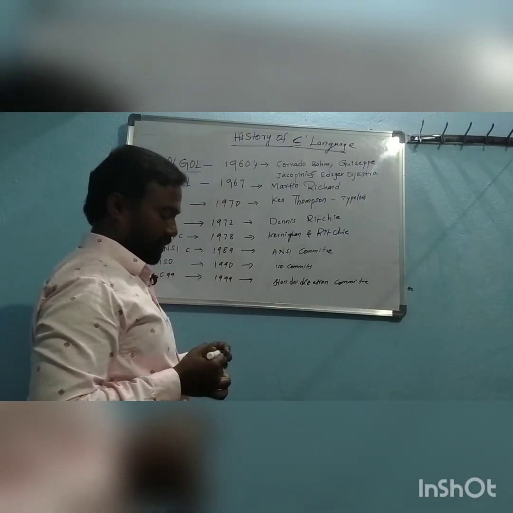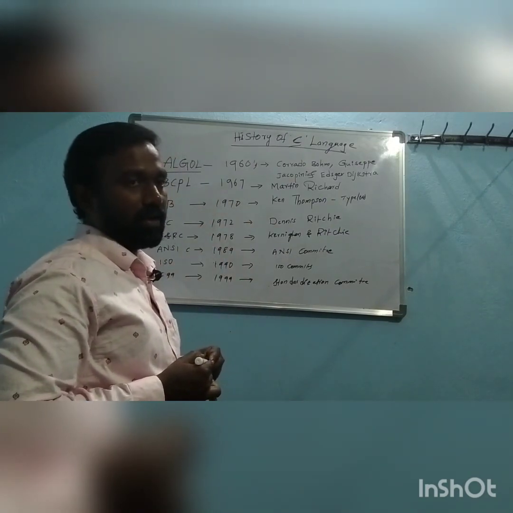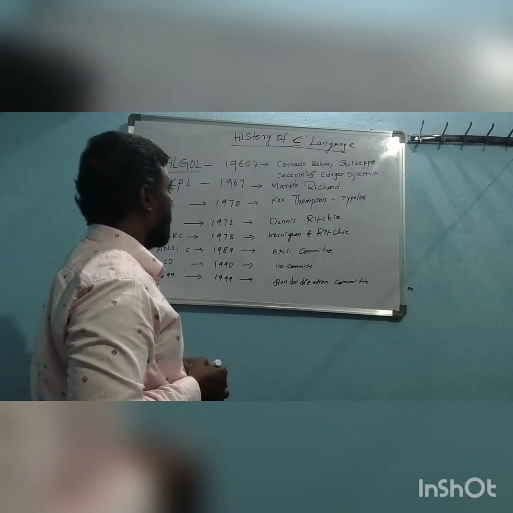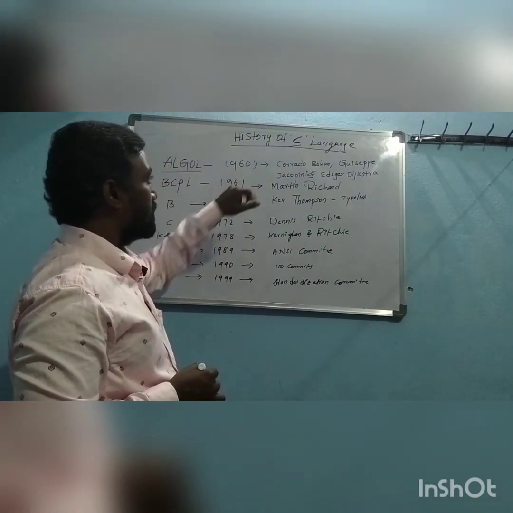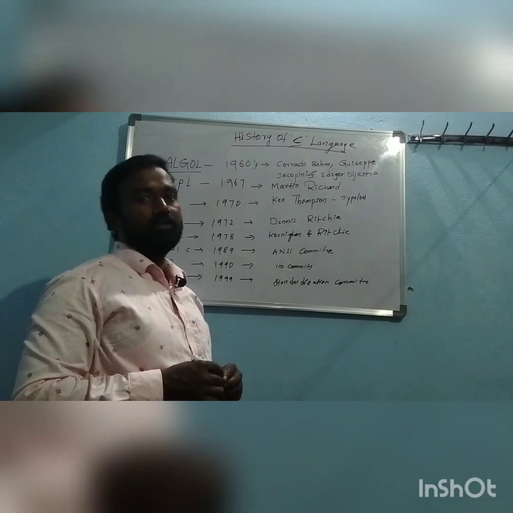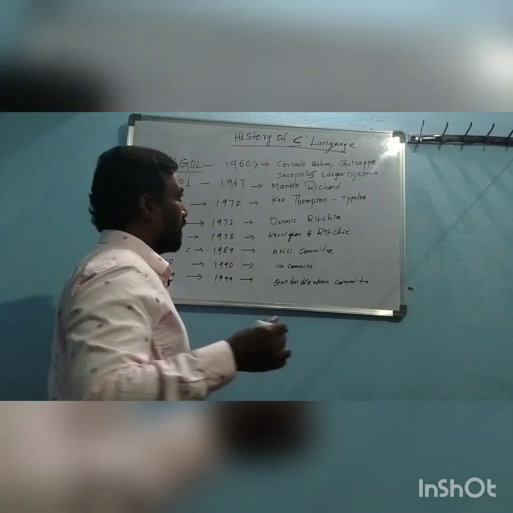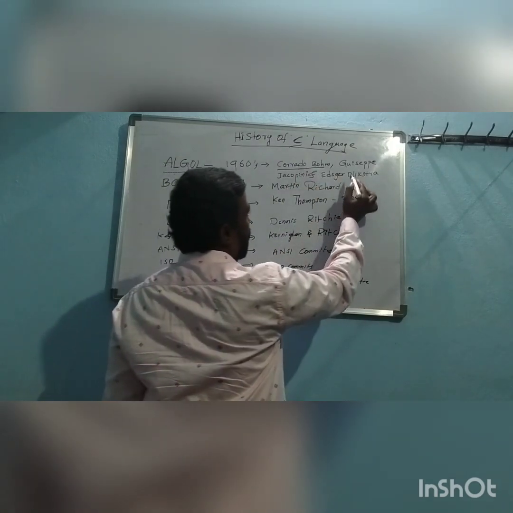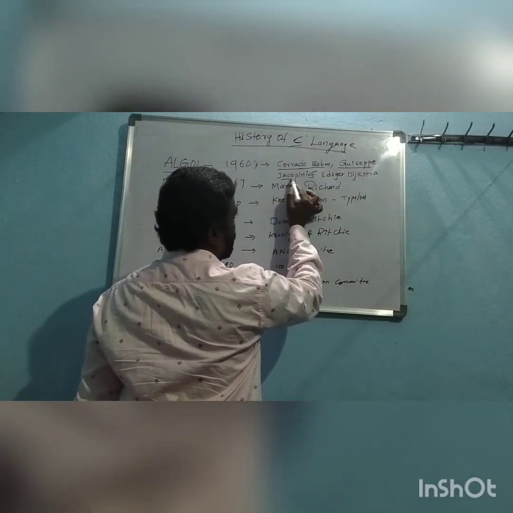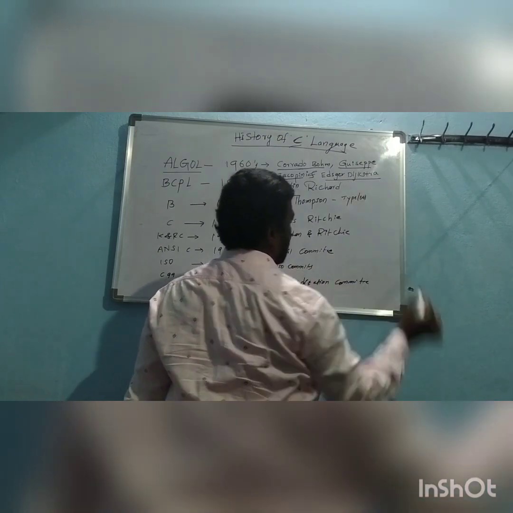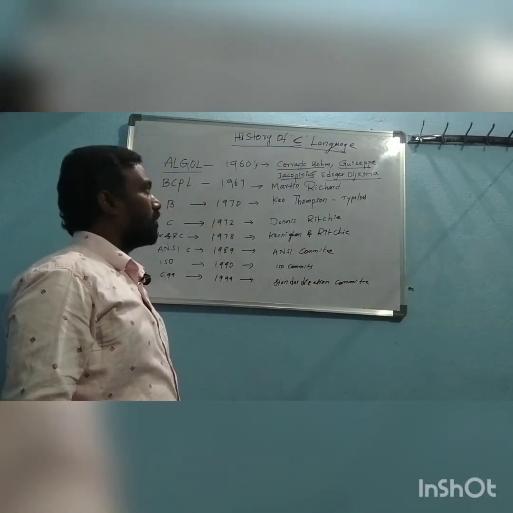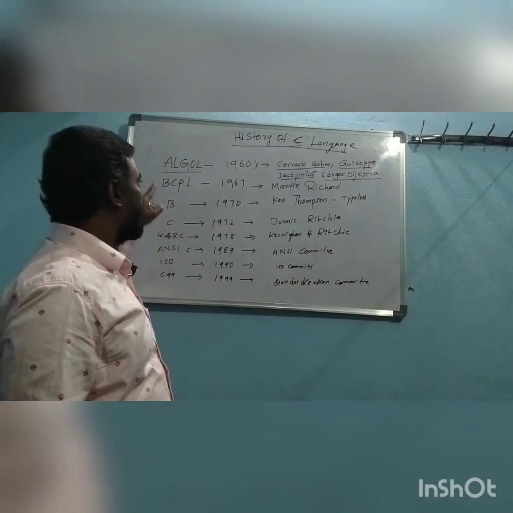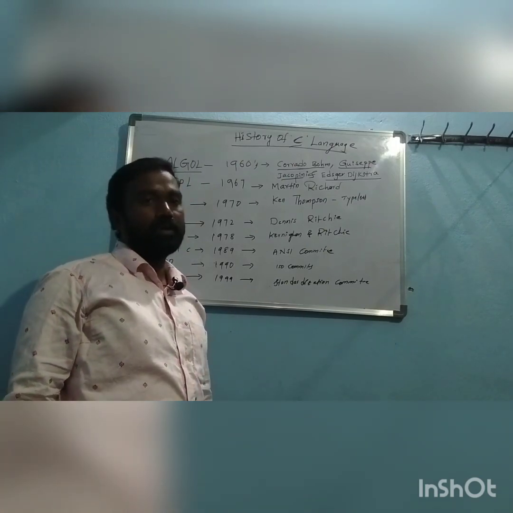ALGOL. It was introduced in 1960 by Peter Naur, Bauer, Backus, Samelson and others. These are the people who developed the ALGOL programming language.